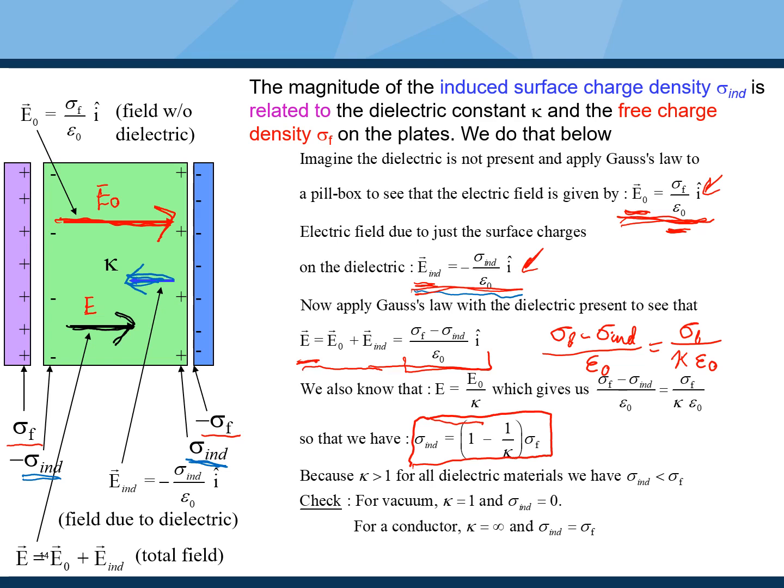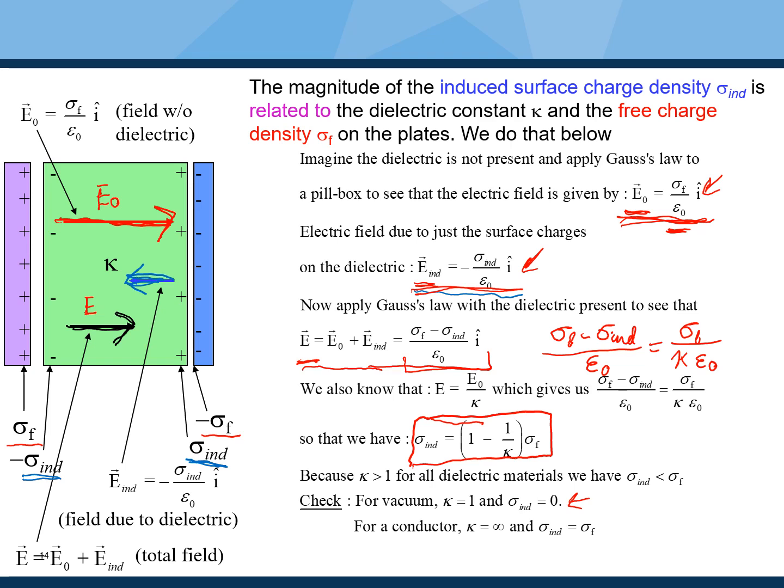So let's go ahead and understand how this works. If kappa is equal to 1, which applies to a vacuum, then the induced surface charge density is exactly 0. In a vacuum or in air, which behaves very close to a vacuum because it's such a rarefied medium, kappa is equal or nearly equal to 1.